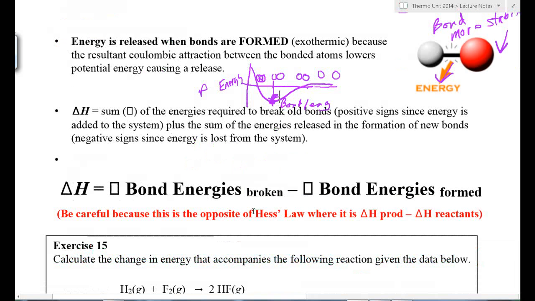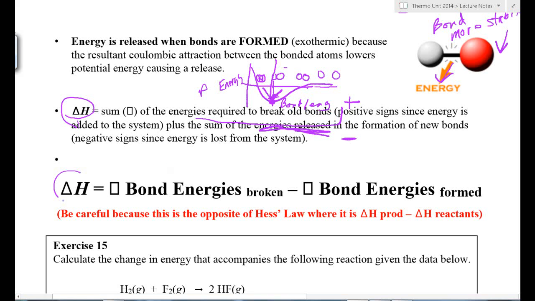So if I want to determine my change in enthalpy based on the bond energies, what I need to look at is what does it take to break the bonds, which is always going to be positive because it's endothermic, takes energy. And I'm going to subtract from that the energy that gets released when the bond is formed. Always going to be negative, this release in potential energy. Okay?